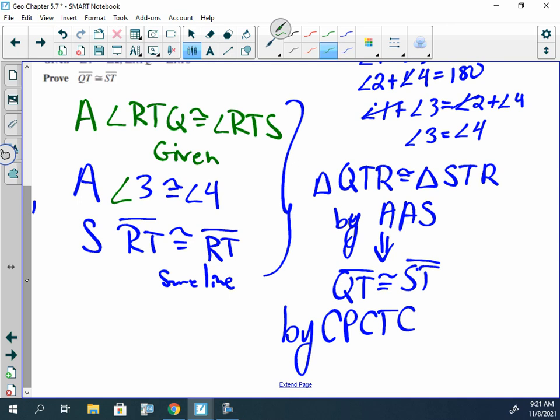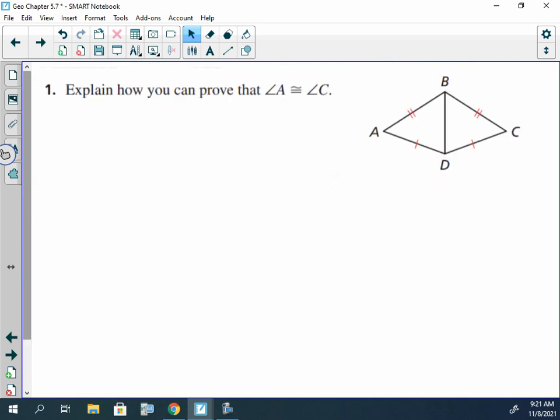Corresponding parts of congruent triangles are congruent. That'd be it. Questions on this here? Let's look at the next one.